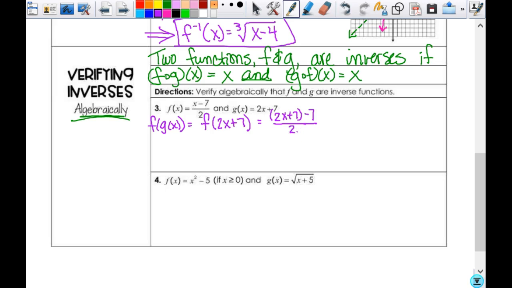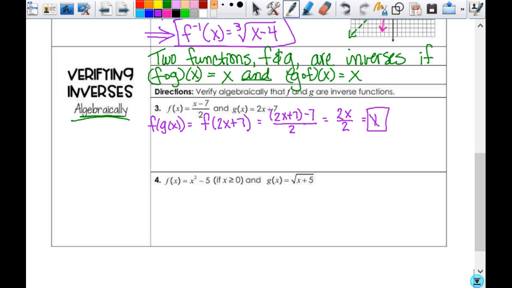Everybody with me? Those parentheses that I put in there, I used them because I was substituting in something that's more than one term. Are the parentheses really doing anything for me? No. So the numerator just becomes 2x plus 7 minus 7, which is just 2x over 2. And what does that become? x, right? Isn't that what I expected, what we were going for? We get x.